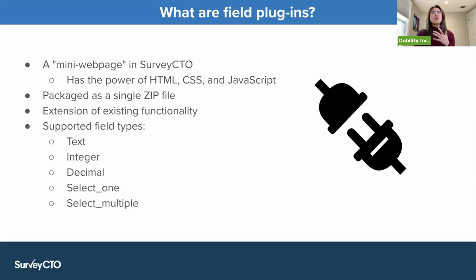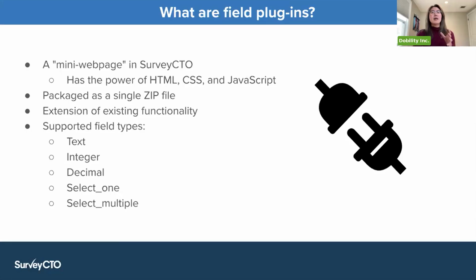And we also call them an extension for extending existing functionality because they take a regular SurveyCTO field like a text box or a single choice question and let you replace the default appearance with your own custom design and interaction. And here's the important bit. Even though the respondent sees a custom interface, SurveyCTO still stores the answer using the original field's data type.